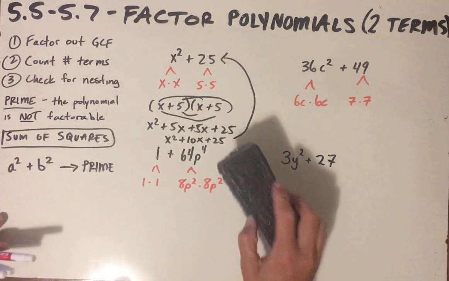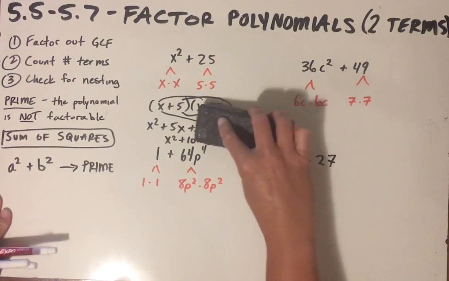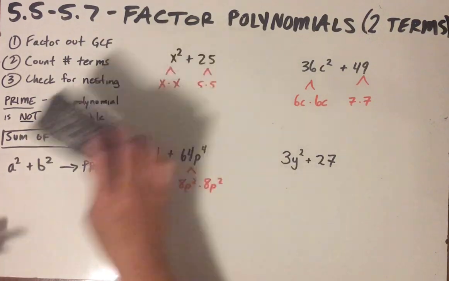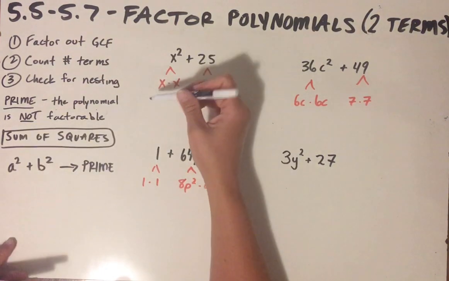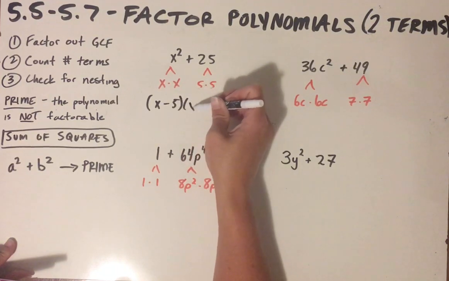Well, maybe I got the signs wrong. Maybe it should have been minus. So let's go back and say, what if it was x minus 5 times x minus 5?